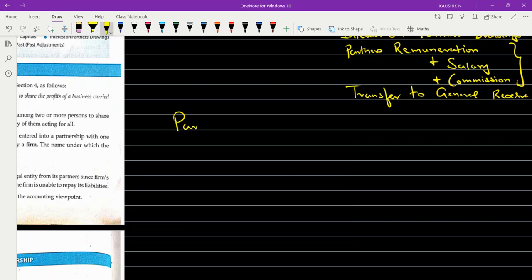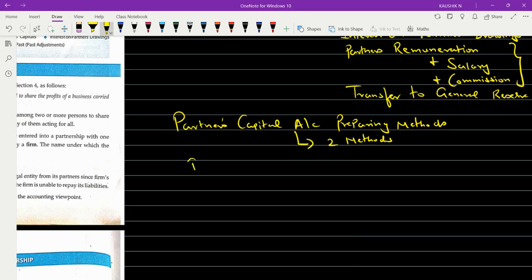Partners capital account preparing methods. There are two methods in preparing partners capital account.